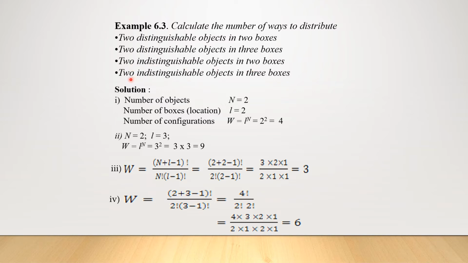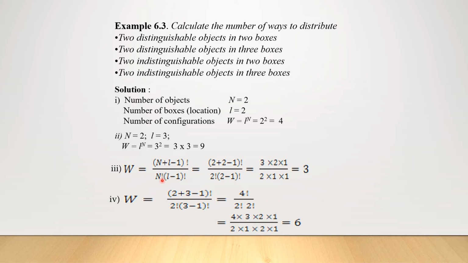Now the fourth one. In this case you have to arrange 2 indistinguishable objects but in 3 boxes. So the formula is the same as we have used for the third case. Thermodynamic probability W is equal to (n plus L minus 1) factorial divided by n factorial into (L minus 1) factorial.